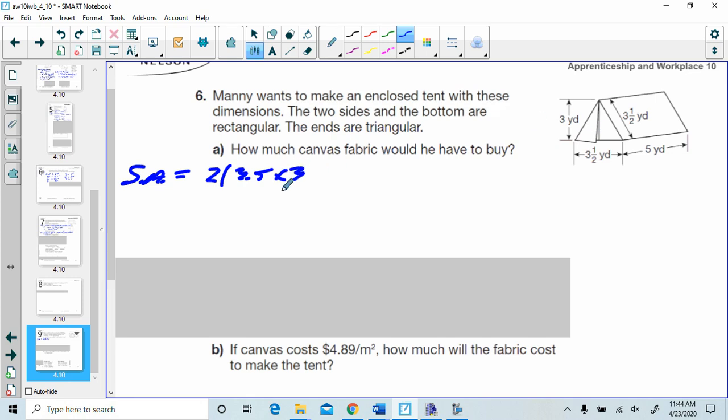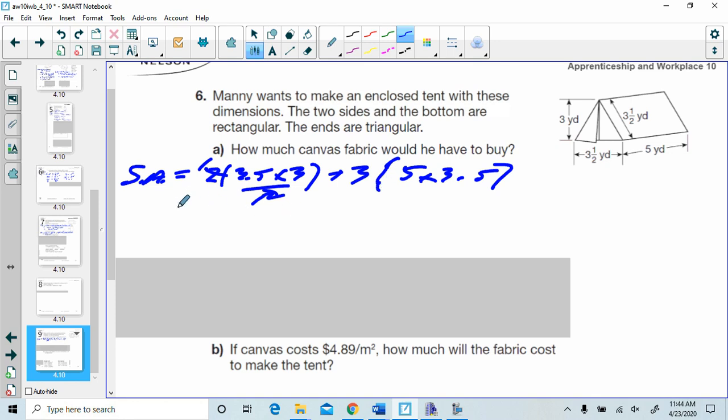So 2 triangles with that base and height over 2, plus there's going to be 3 rectangles, 3 times base times height, rectangles that are 5 by 3.5. So we just go 5 by 3.5. Okay, noticing over here that 2 and 2 reduce to 1 and 1. So that just leaves 3.5 times 3 plus 3 times 5 times 3.5.